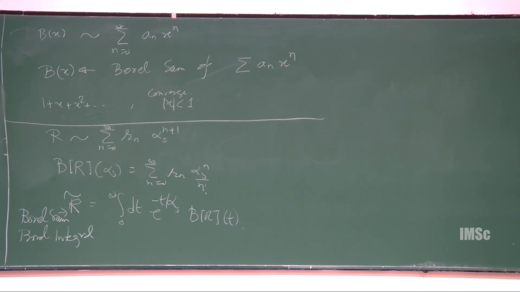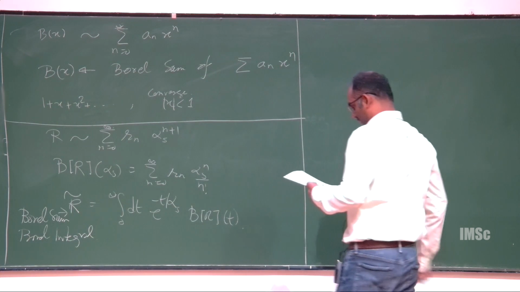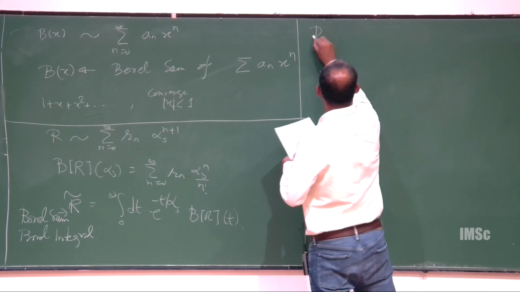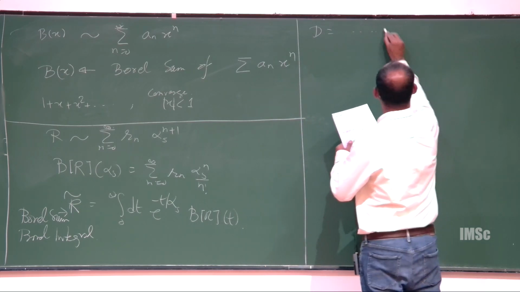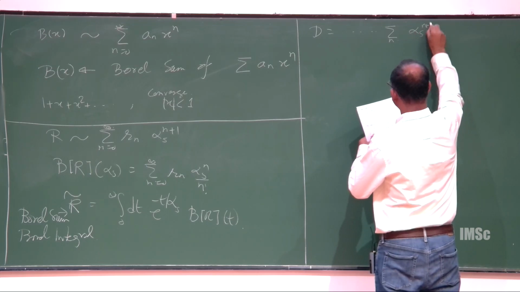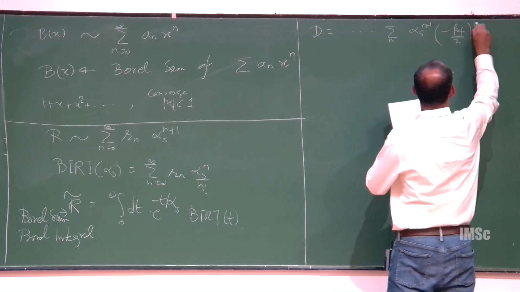And you can check that using that you will generate the original series. So now let's go back to the D function that we had. Recall, maybe you can look at your notes, it's all these things: there is a summation over n, and you have alpha s to the n plus 1, and there are some coefficients, minus beta naught f over 2 to the n, and factorial.